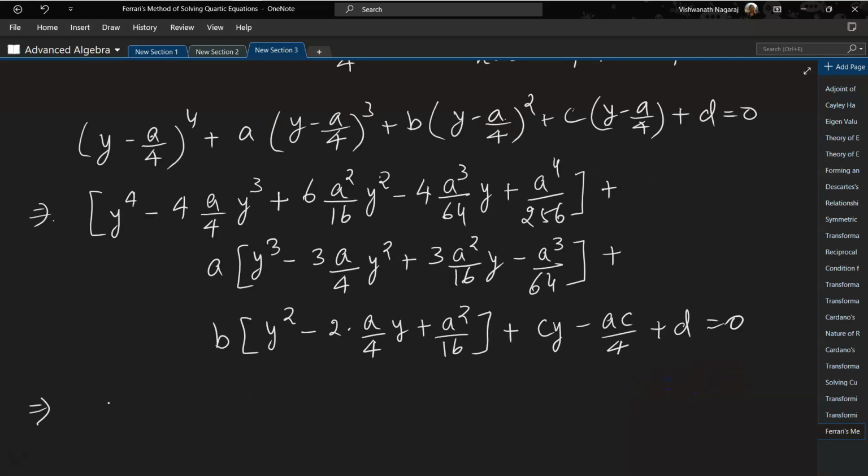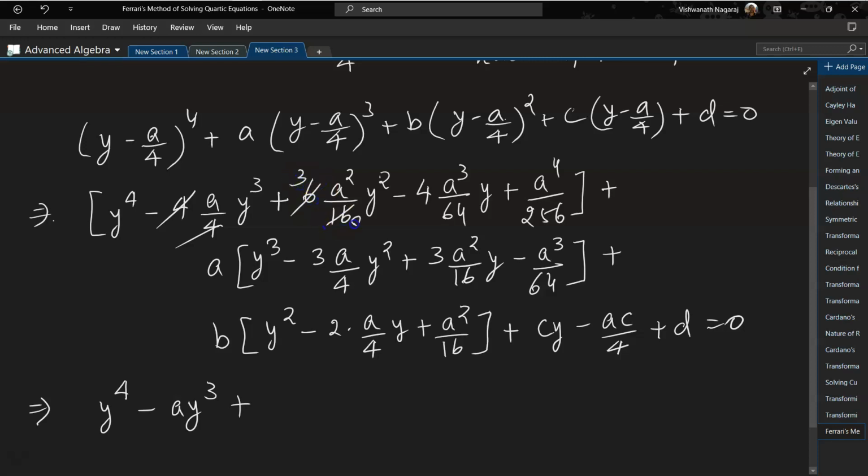Let's open up these brackets. So we have y to the power of 4, minus 4 and 4 gets cancelled, a y cube, plus, this becomes 2 3s 2, 8s, so 3 by 8 a square y square, minus 4 1s 4, 16s.